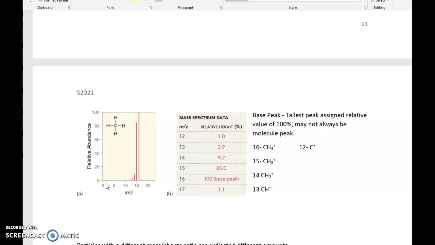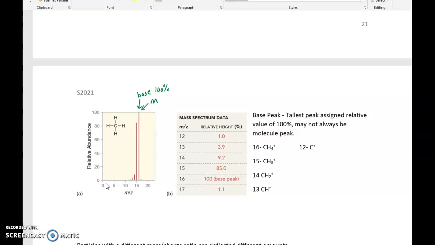This largest peak in this case is always the base peak, and it's assigned a value of 100%. Now in this case, the base peak is also the molecular peak. Okay?